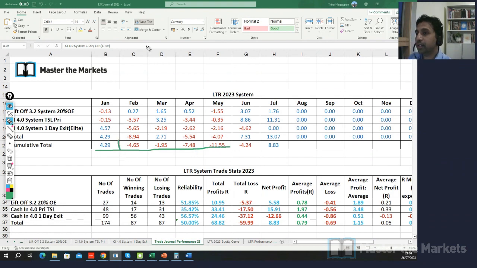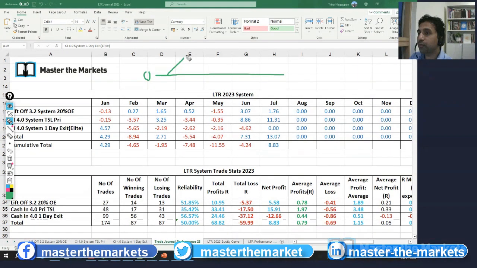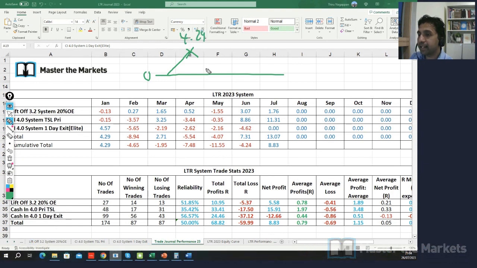So, if you take a look at the curve, it will look something like this, right? So let me just do that. If I got my 0 point, it took off 4.29, and then it dropped to 4.65 minus, right?